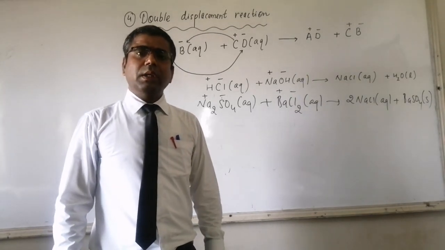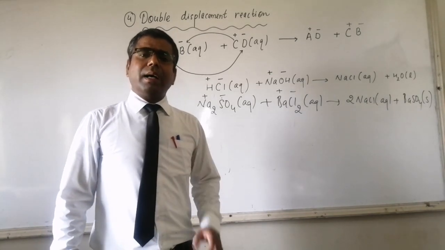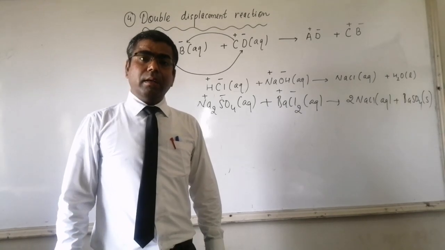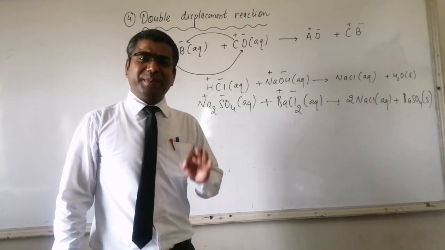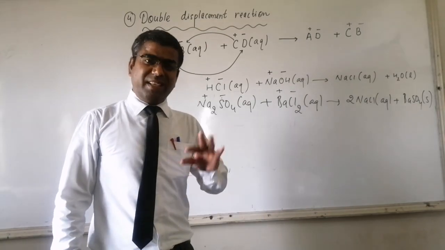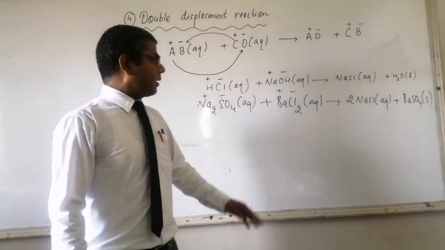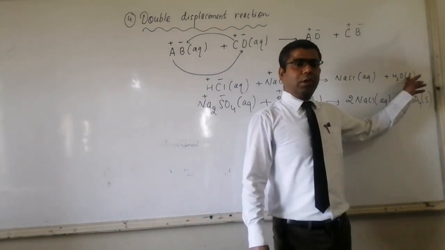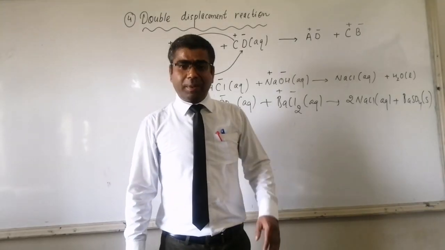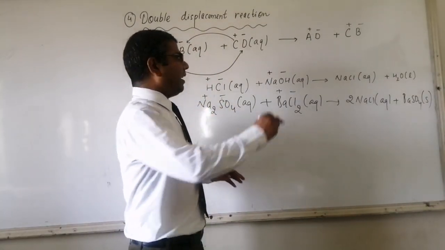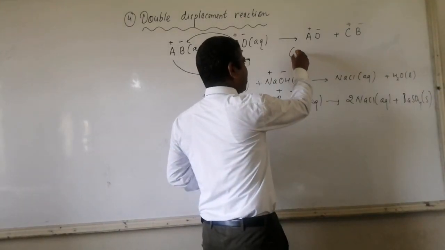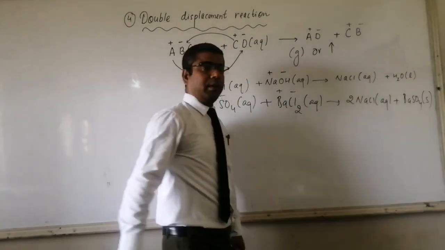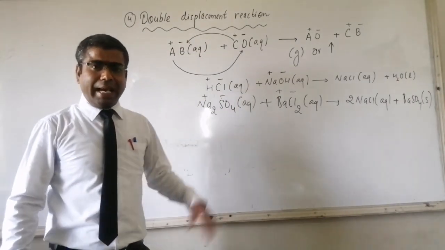Remember, whenever we are writing a complete chemical equation, then we have to represent their physical state also. Like AQ is the solution form, H2O is your pure liquid. If you obtain any gaseous compound, then gaseous compound can be written as gas in brackets, or we can write an up arrow, like H2 up arrow means H2 is a gas.